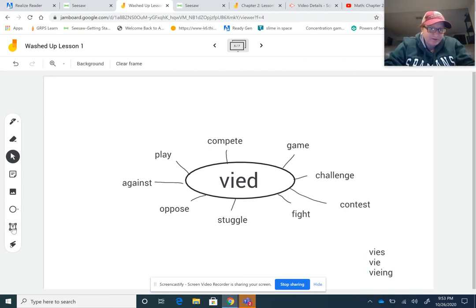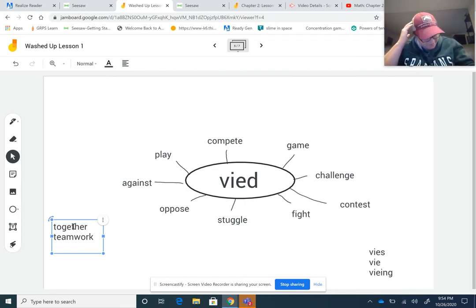It looks weird though. So if we're looking at opposite words, antonyms would be together or teamwork. Another one might be... oh, I spelled vying wrong. I knew I did. I looked it up.